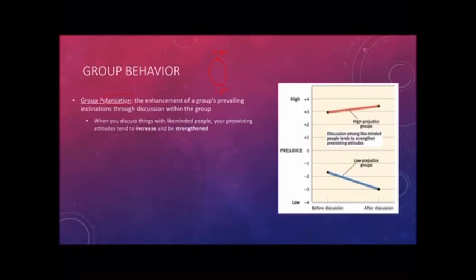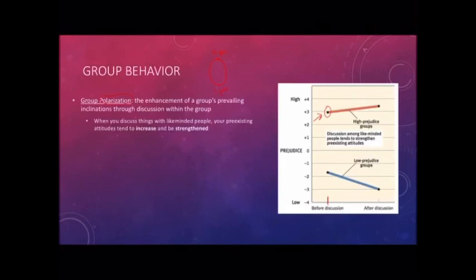So if here, we've got a group of people who are high prejudice, right? They think that we should reinstate slavery or something horrible like that, right? High prejudice people. They're at about, I don't know how this is measured, but a +3 on prejudice when they begin this experiment, so before they've discussed anything.